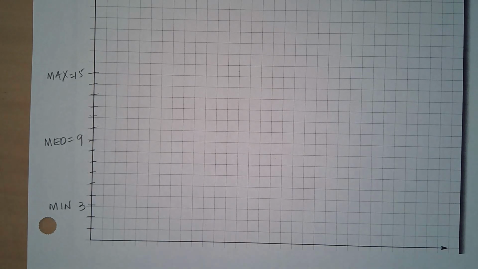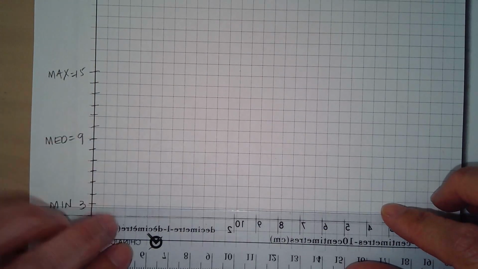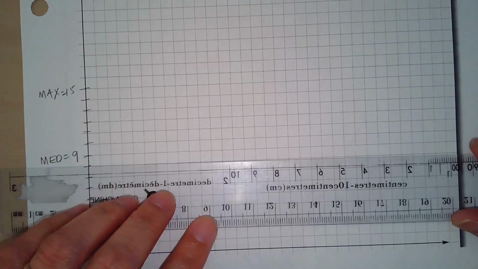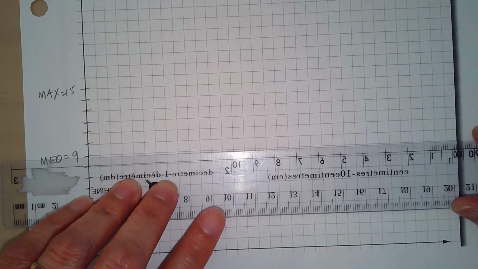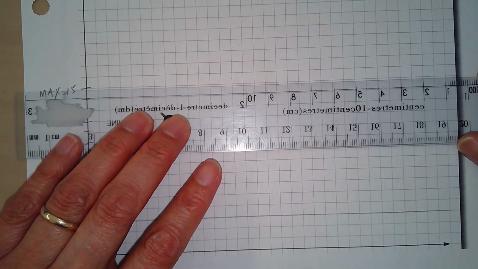So far so good. I'm going to stop for a second. Is everybody okay with this piece? Yeah. I'm going to draw lightly a line for the median, so I know I have my boundaries there.